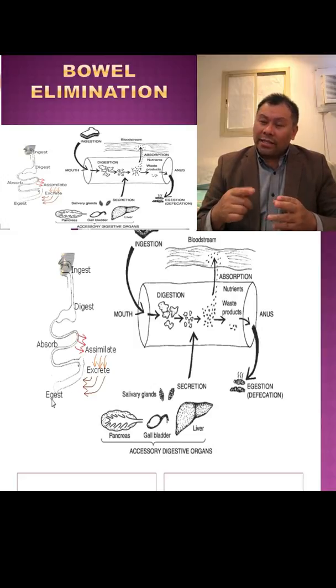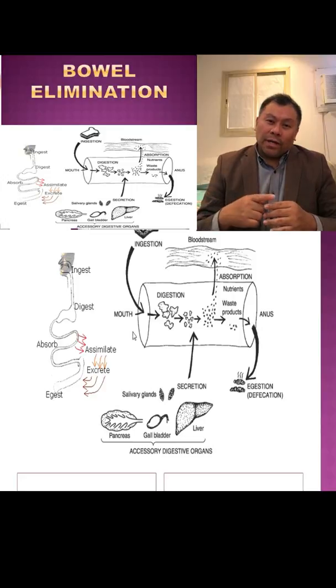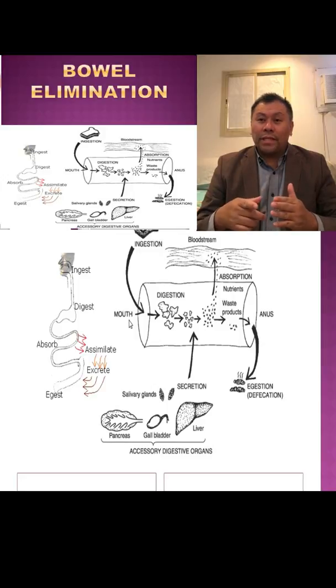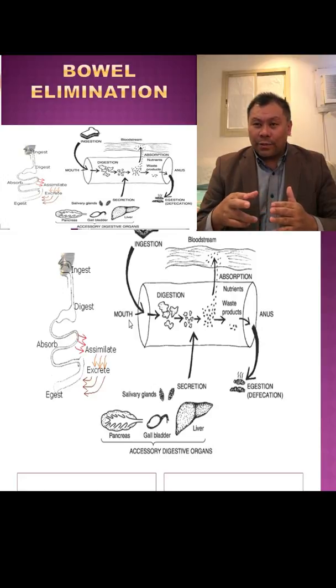The gastrointestinal tract: any food or fluid that you drink will pass through the mouth, and through digestion it will be absorbed, and after absorbing, the waste materials will be defecated. The accessory digestive organs help in the process of digestion.